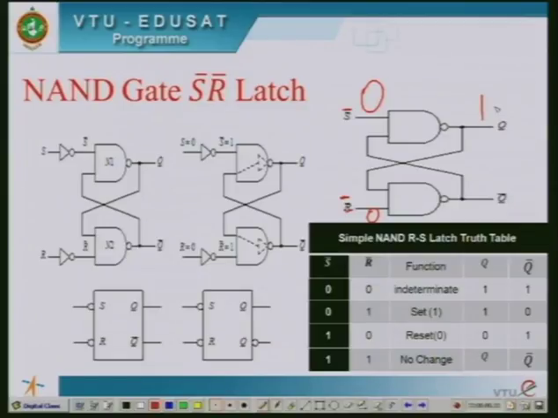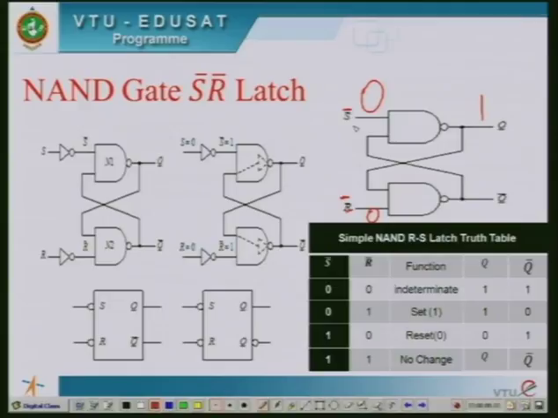Please remember, NAND is NOT of AND. So, 0 AND anything is 0, NOT of 0 is 1. Even in a multi-input NAND gate, if a single input goes to 0 state, the output will permanently go to high state.